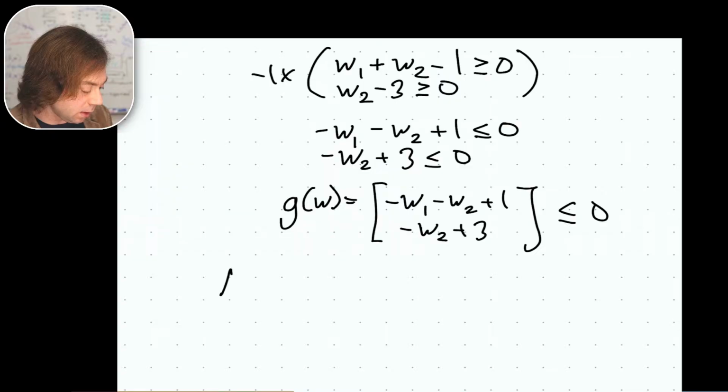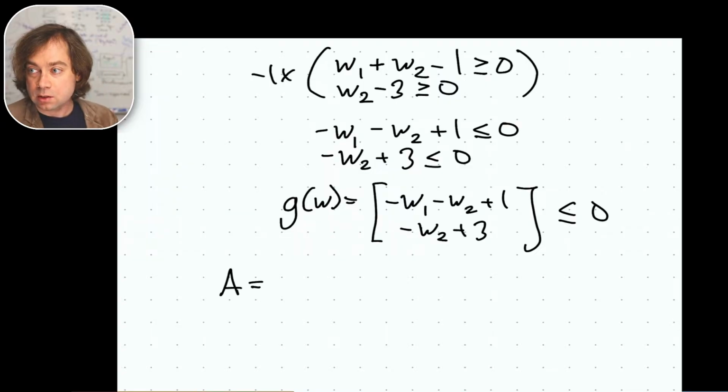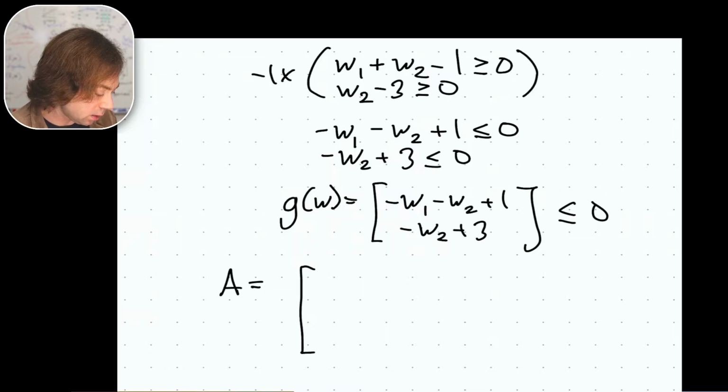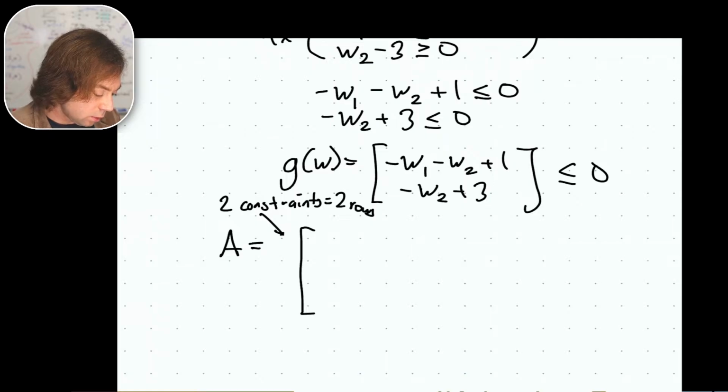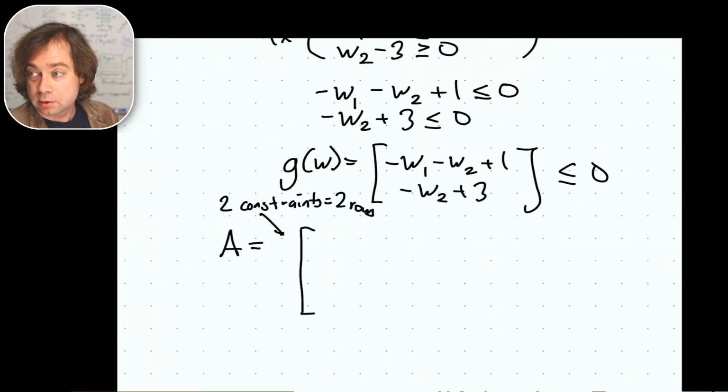Where A is our Jacobian. We have two constraints and two decision variables. So this is going to be a 2 by 2 matrix. It does not have to be square, but this time it is square because we have two constraints. We have 2 rows, and 2 decision variables, so it's going to be 2 columns.